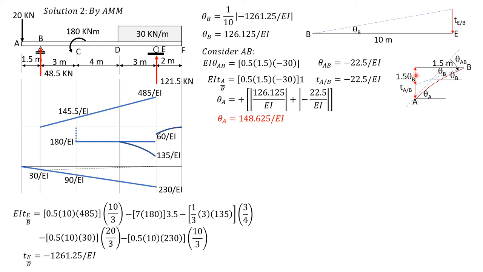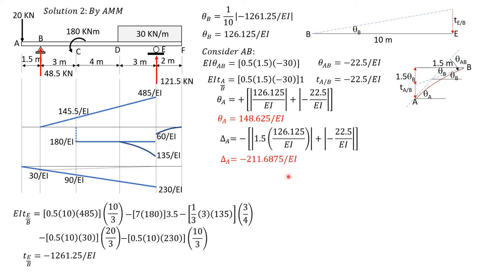So it is negative of the absolute value of 1.5 theta B plus the absolute value of the deviation of A relative to B. So delta A is negative 211.6875 over EI, just like in the double integration method.